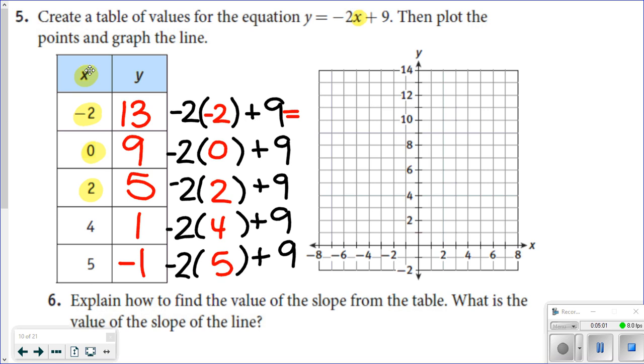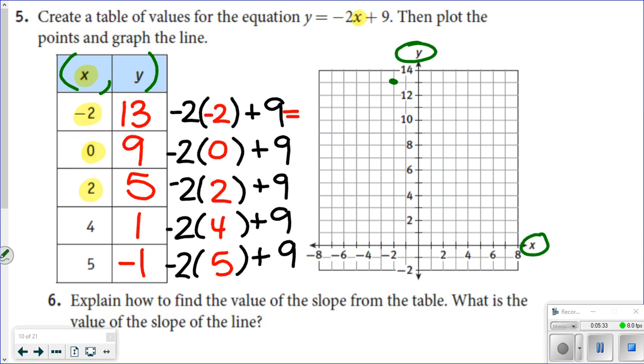So now we are going to plot these points on the coordinate grid. Remember, our ordered pairs are x comma y. Here's our x-axis. We have to go in and out of our elevator, left and right, before we can go up and down in our elevator on our y-axis. So we're going to go left to -2, and then up to 13.